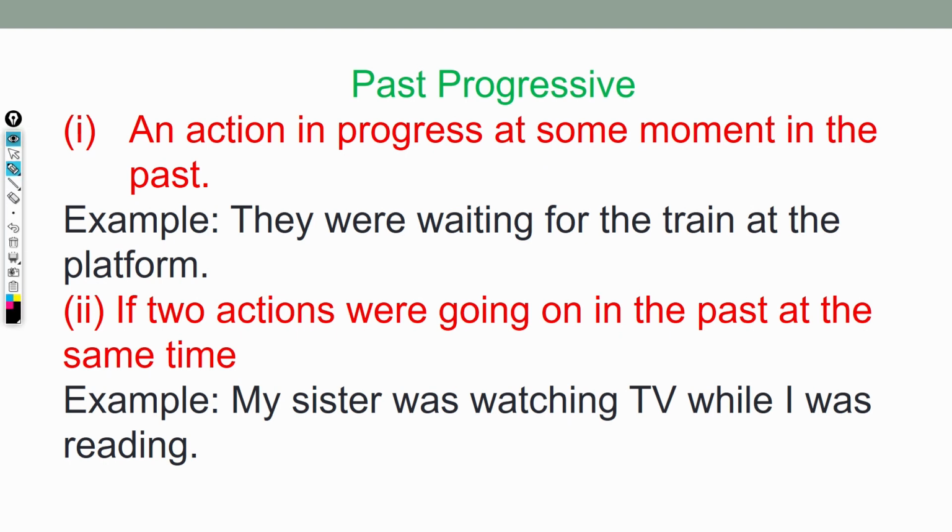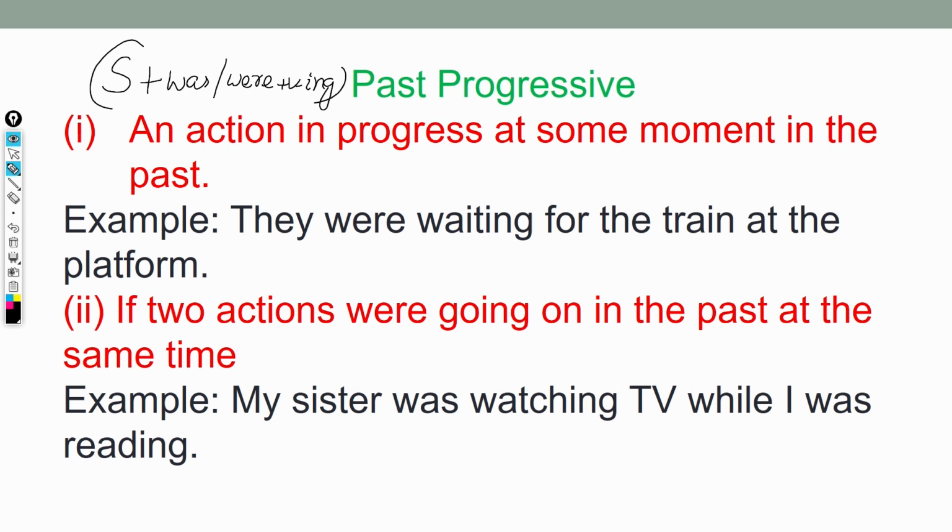Just I am telling you the structure. The structure will be subject plus was or were plus verb ing. Okay. These are the structures. If you know the structure, you can easily do the past progressive or past continuous.